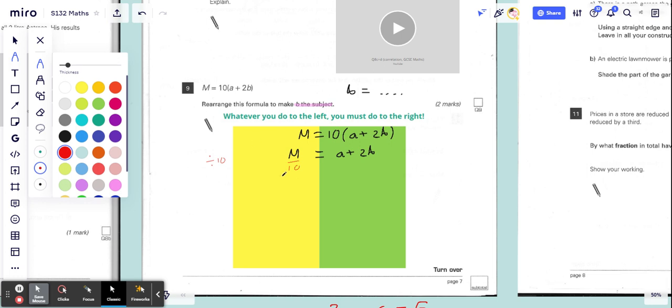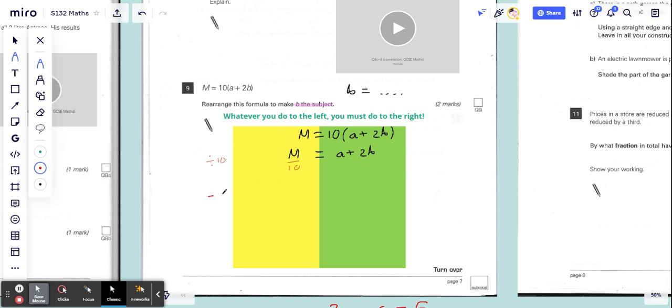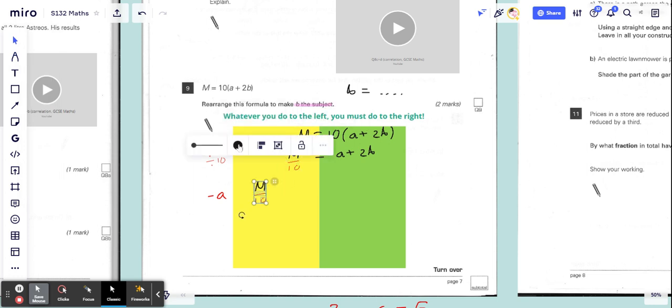So if I now take away A, I end up with this, and I'm going to turn that all into black because that's now done. Maybe a little bit thinner.